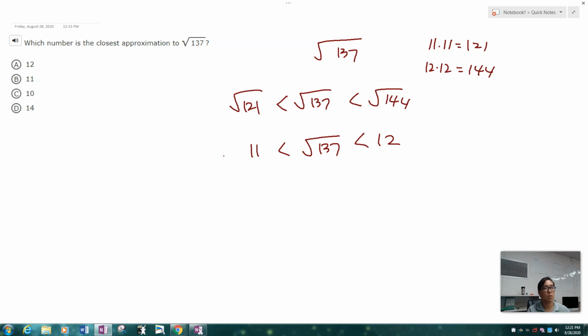Now I need to know how far apart they are from each other. So let's draw the number line.